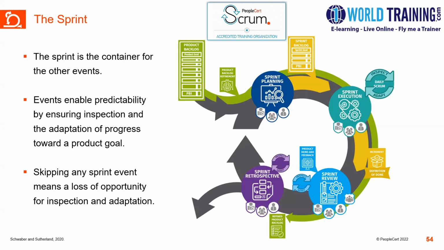Your events enable predictability by ensuring inspection and adaptation of the process towards meeting the product goal. Skipping any specific sprint event means a loss of opportunity for inspection and adaptation. The three critical pillars, transparency, inspection, and adaptation, are followed throughout the sprint cycle.